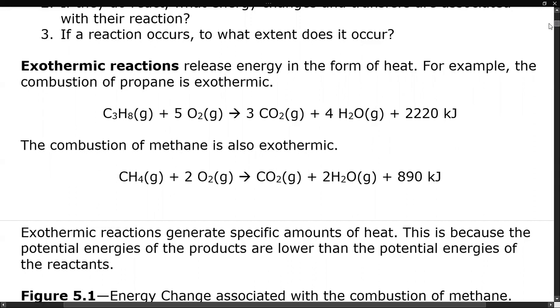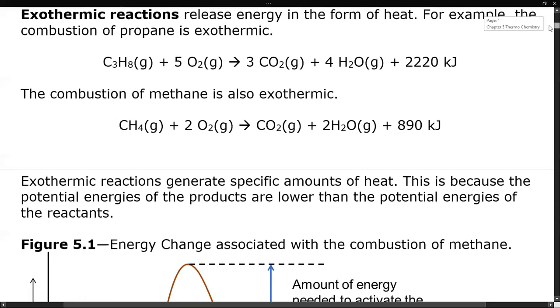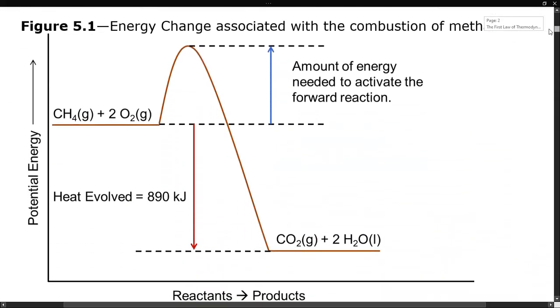If we consider a graph that looks at the combustion of methane, where the y-axis is energy, the x-axis is just some arbitrary coordinate that indicates the progress of the reaction. But we have our reactants on the plateau here.